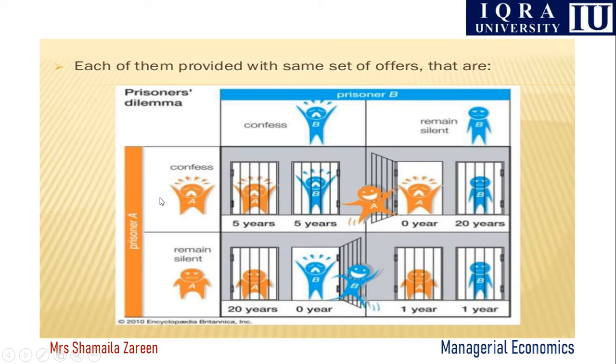So first of all, I will take the strategy of prisoner A for the Nash equilibrium. If prisoner A will confess, prisoner B has two options: whether to confess or to remain silent. So row wise you will see the payoff of prisoner B, and the second payoff will be of prisoner B.